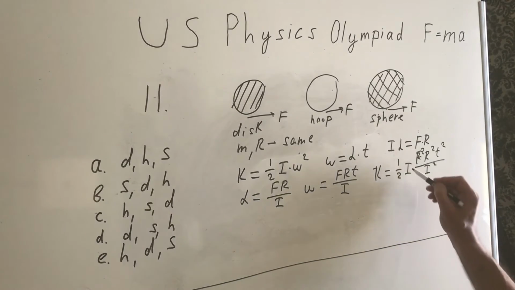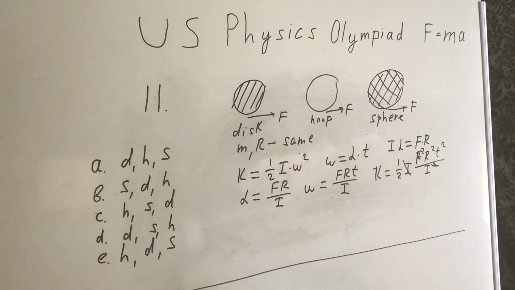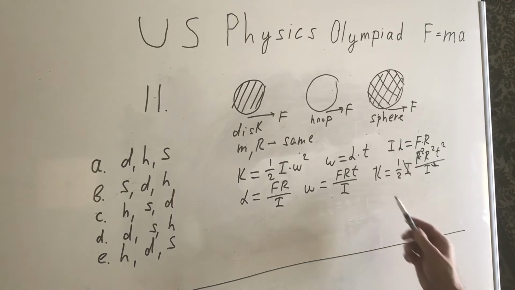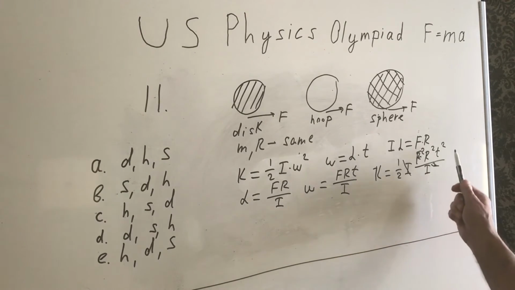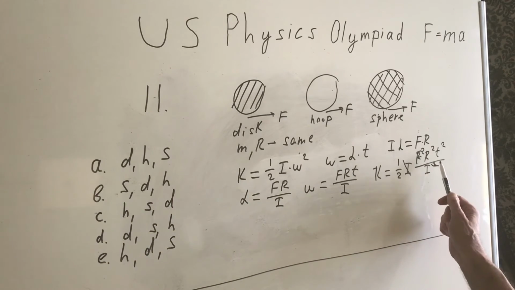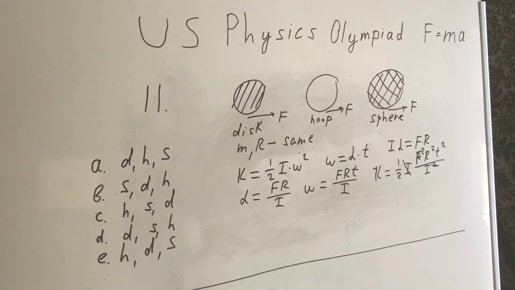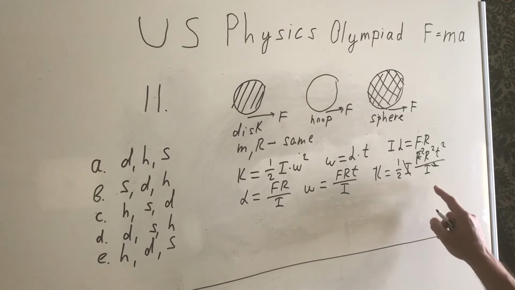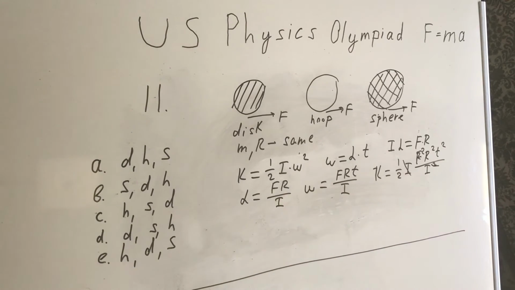So one I is cancelled, and we have kinetic energy equal 1/2. Same expression for all of them on the top, and on the bottom we have a different I. So for the greatest moment of inertia we have the least energy.